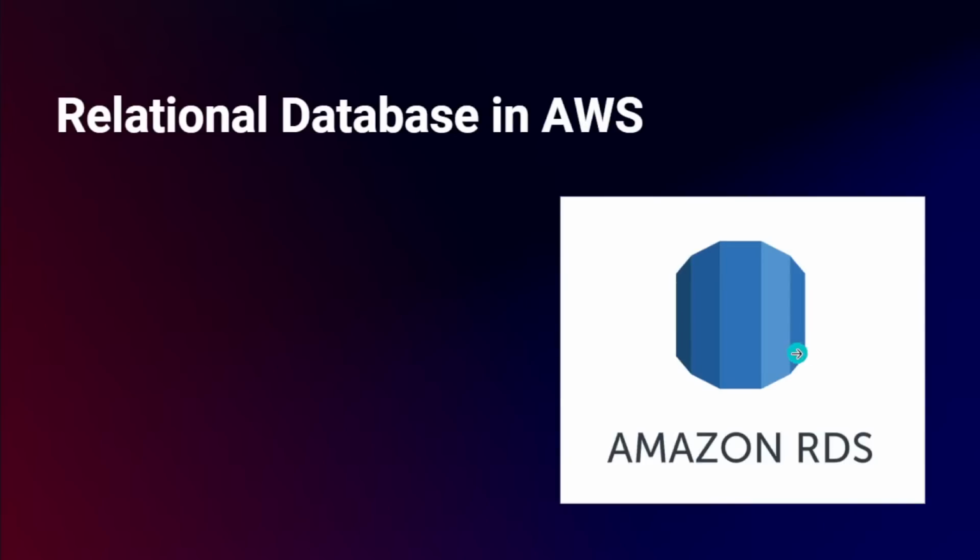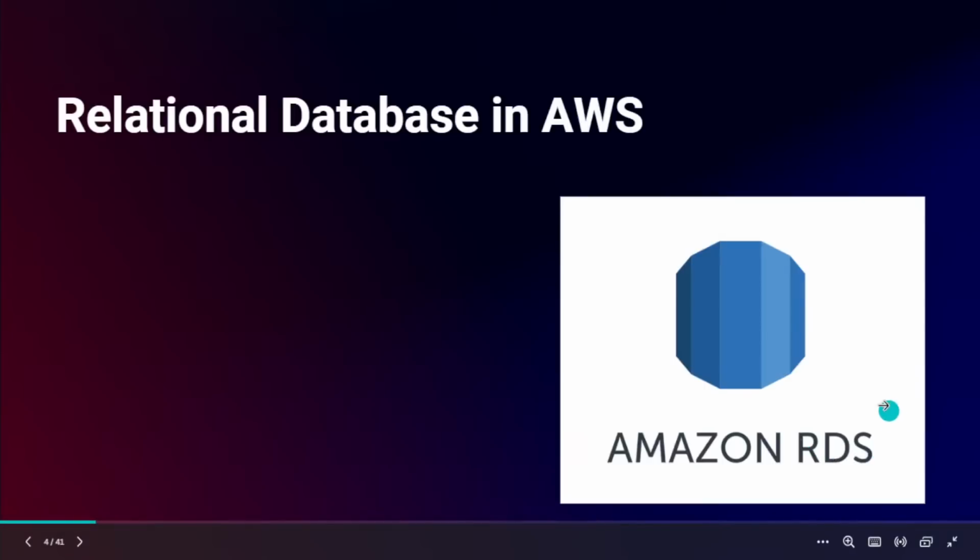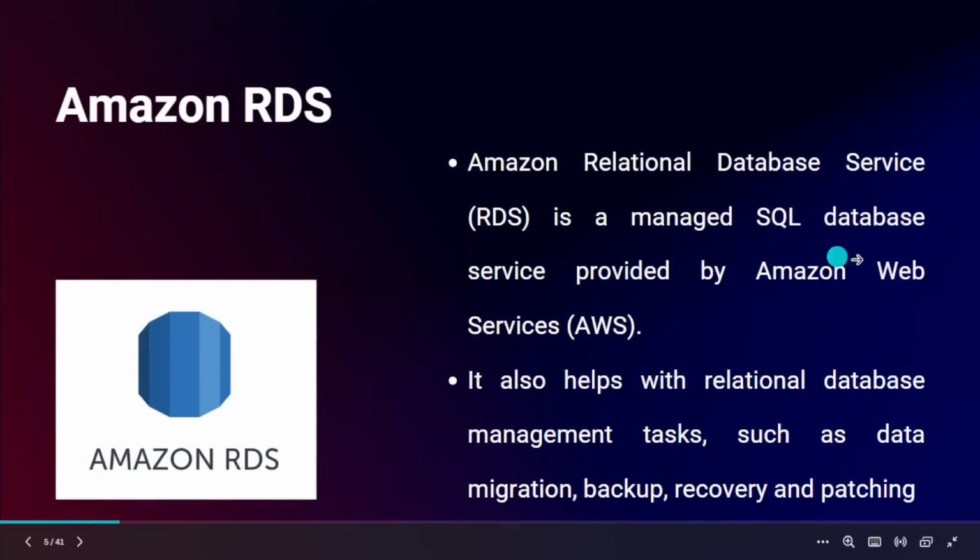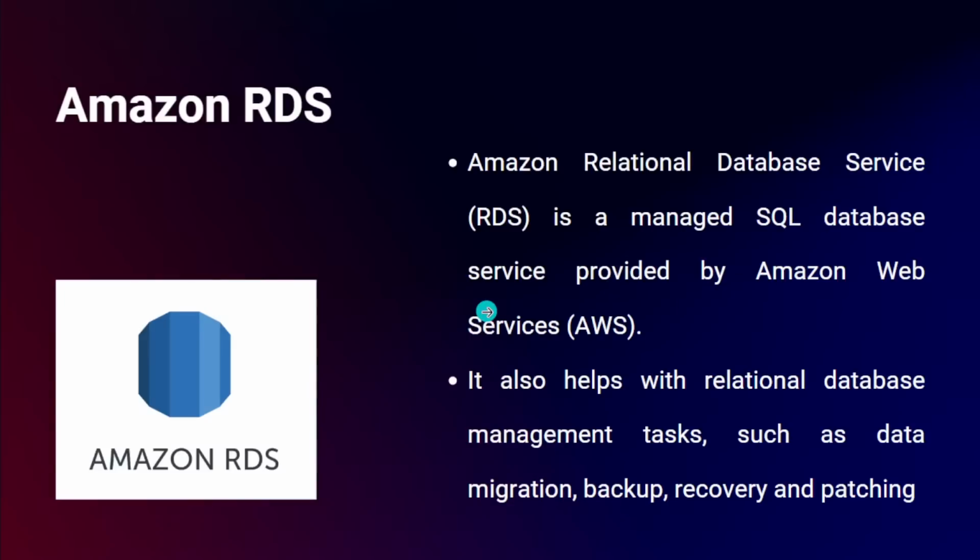For relational databases, it is called Amazon Relational Database Service, and it is a SQL database service provided by AWS. It also helps with relational database management tasks, like our CRUD operations in databases.